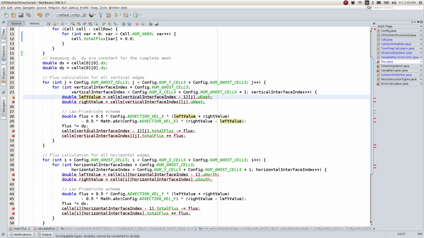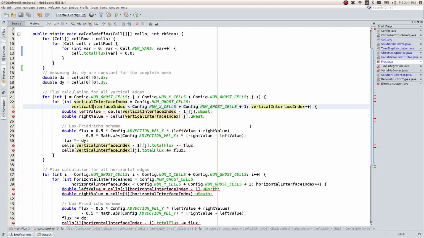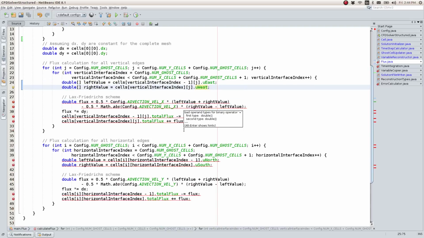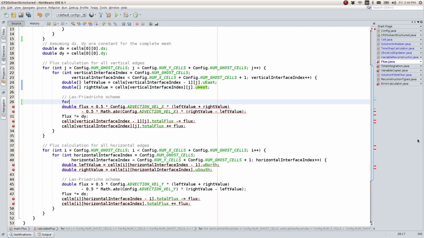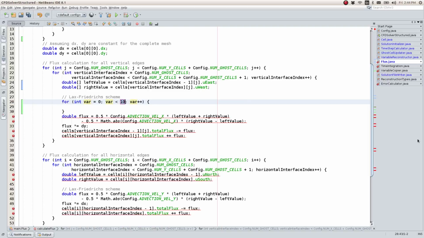Now I have to think a little bit. It's fine if I just copy the value, because I'm not going to change the left value in here, so I can just say left value is whatever is there in east, right value is whatever is there in west. I just take it off, and here the lexic scheme I have to apply for each of the variables.